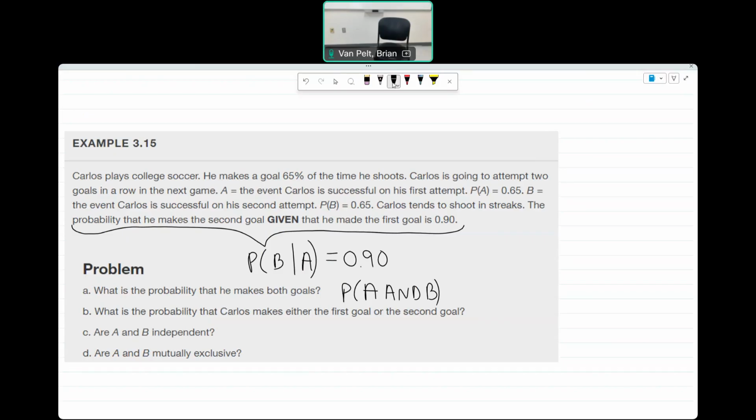Which one would I want to work with in this problem? Formula 1 or 2? Formula 2, because I'm given B given A, aren't I? They gave me B given A. The only one here that fits the bill is this one right here.